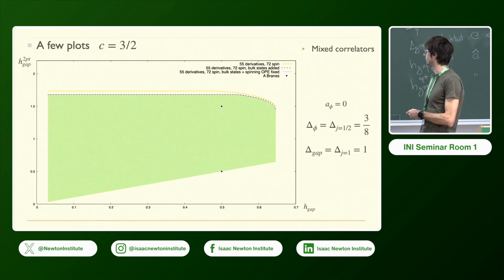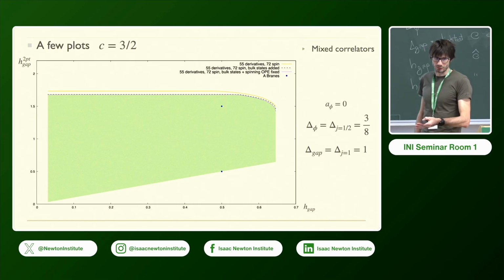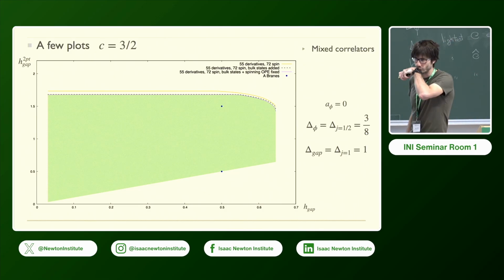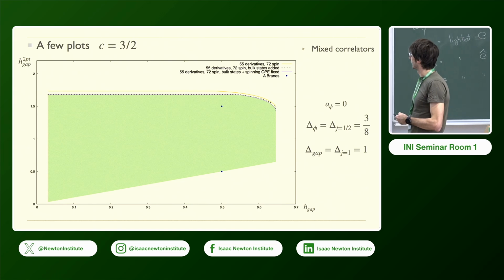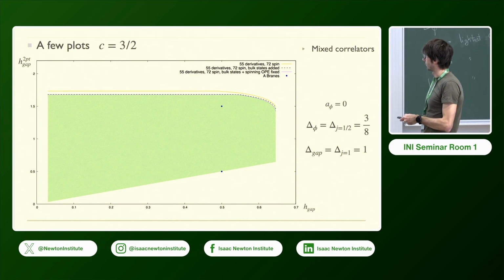And here we're plotting the gap of the boundary condition against the lightest operator that couples to the bulk operator whose correlation function we're computing. This line, the plot is not at 45 degrees, it's not the same scale, but it should be a 45-degree line. It's just a statement that you cannot have an operator in the 2-point function which is lighter than the lightest operator in the theory.